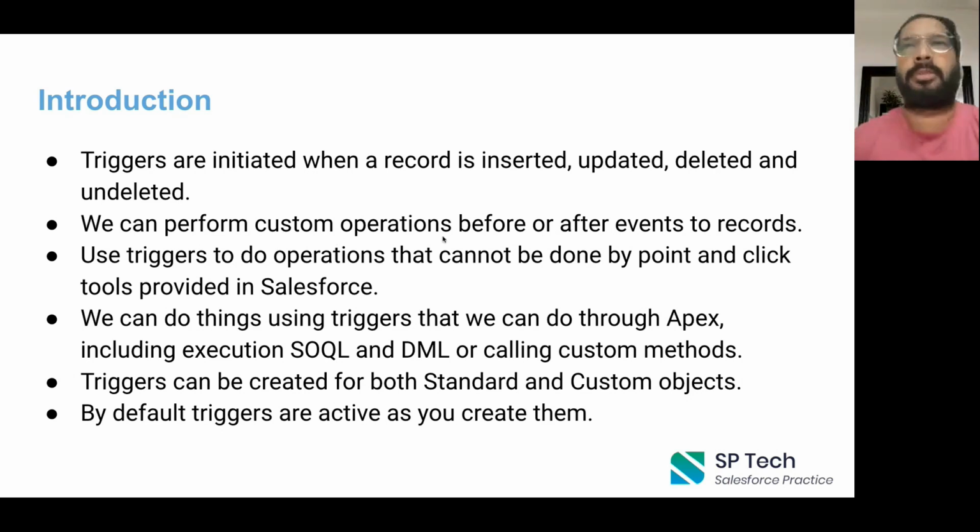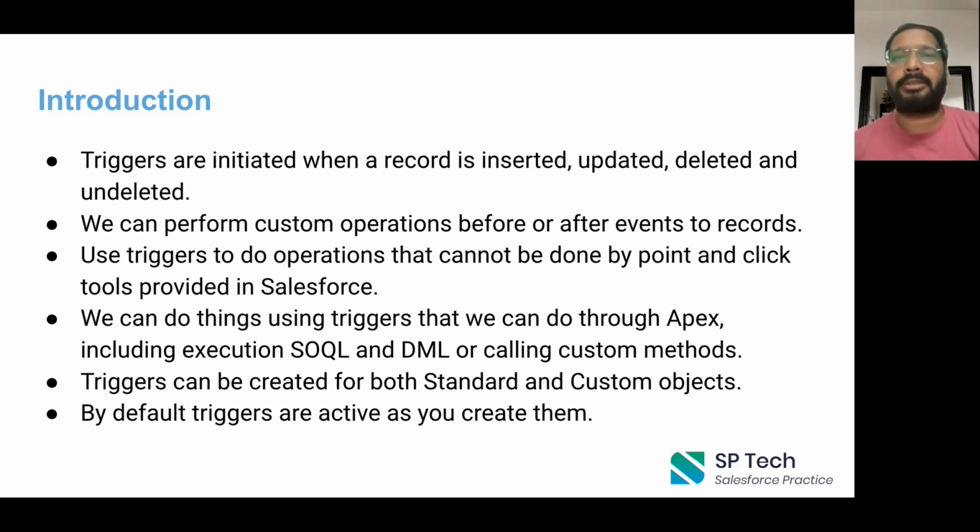We can perform custom operations before or after events. Whenever we create, update, delete, or undelete any record, we have two states. One is before data is saved in the database, and second is once data is saved in the database, after that you can also do some changes, and after those changes your data will actually be committed in the database.